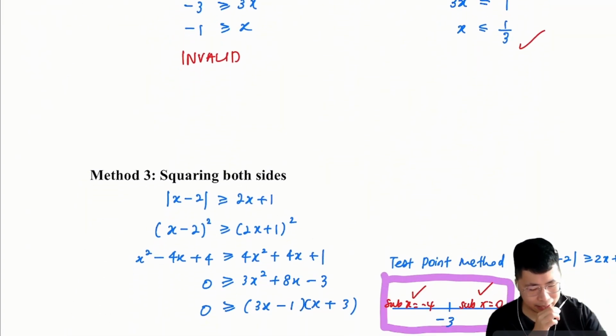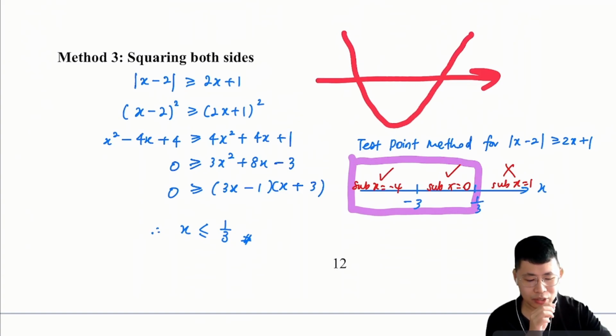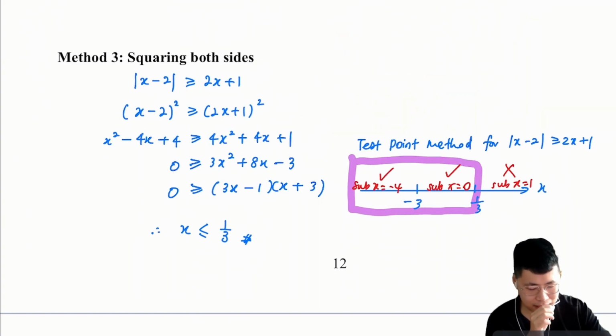Now, last but not least, if we were to square both sides, we cannot make use of the usual quadratic inequality method to solve. Instead, we will need to use the test point method to test for values, because when we square, we create extra solutions, right?